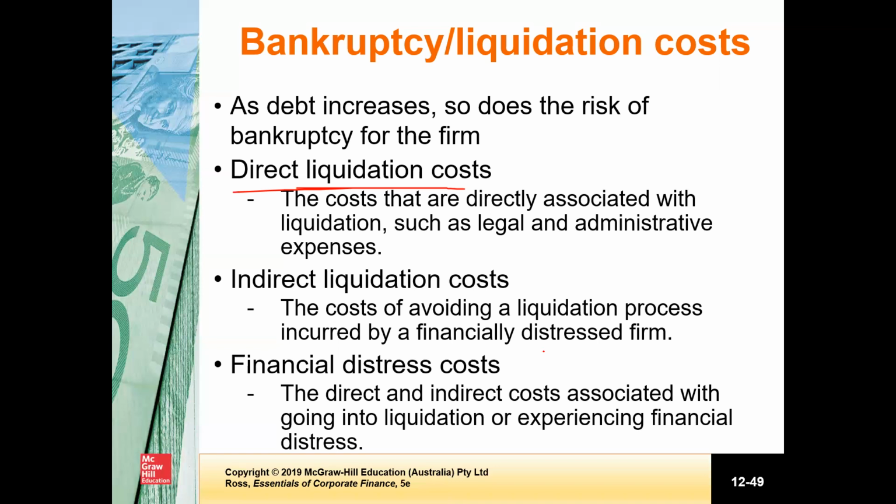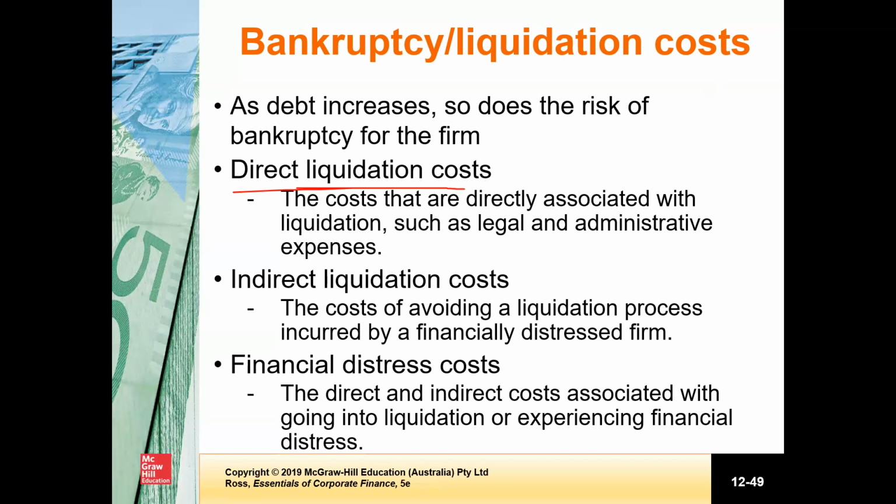Because of the expenses associated with liquidation, debt holders will not get all that they are owed. Some fraction of the firm's assets will disappear in the legal process of going into liquidation. These are the legal and administrative expenses associated with the liquidation process. We call these costs direct liquidation costs.